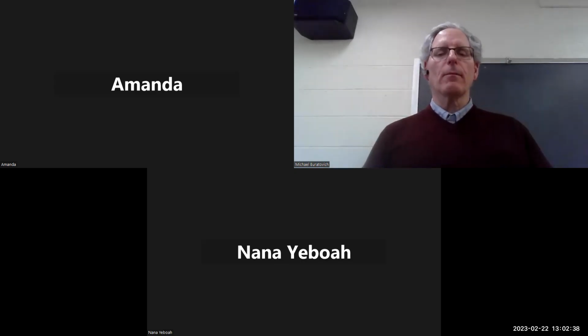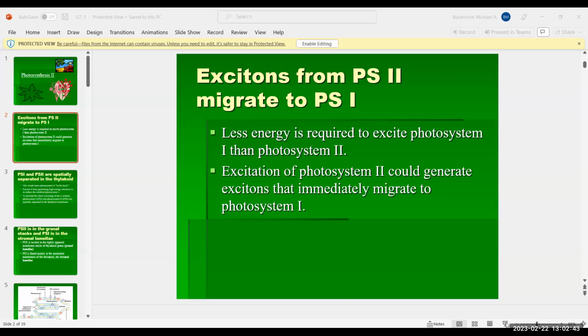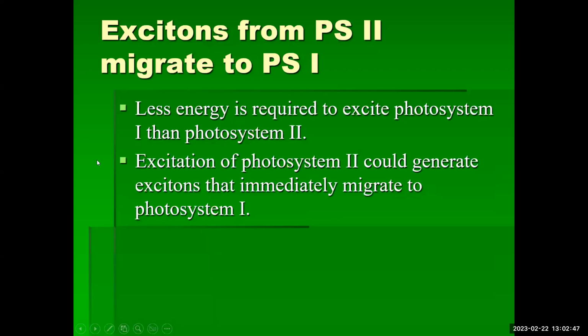Why is that a problem? Let's take a look why that's a problem. Because less energy is required to excite photosystem 1 than 2, excitation of photosystem 2 could generate excitons that instead of activating photosystem 2, immediately migrate over to photosystem 1.